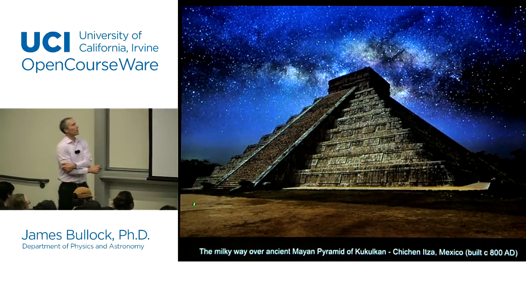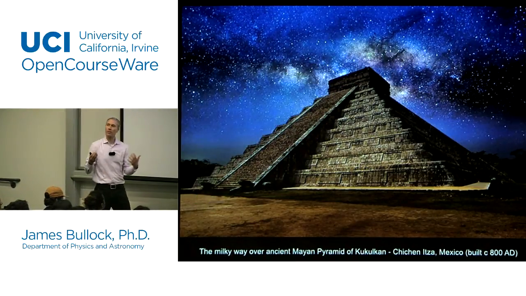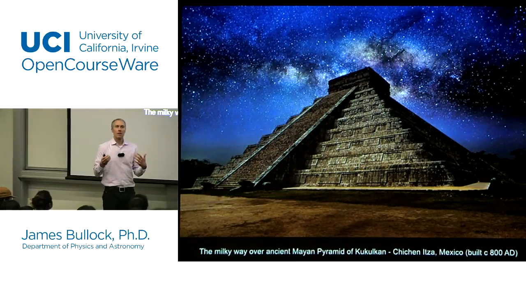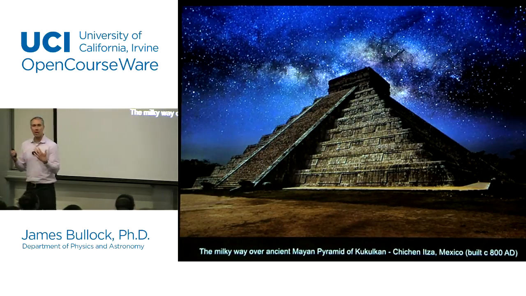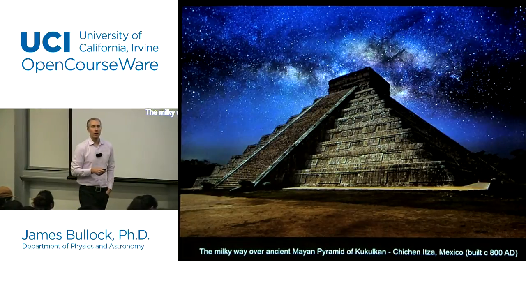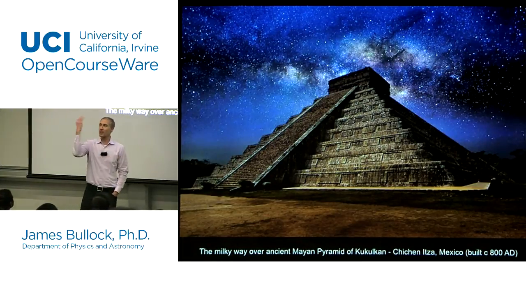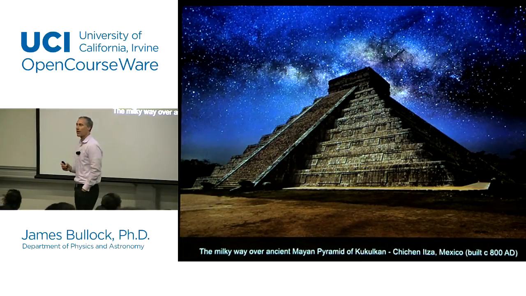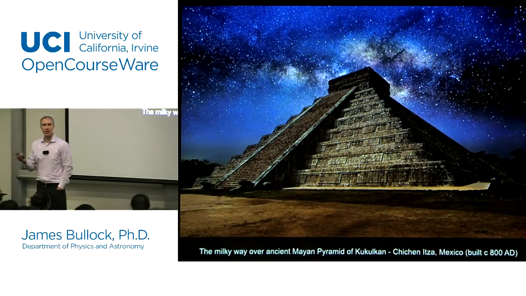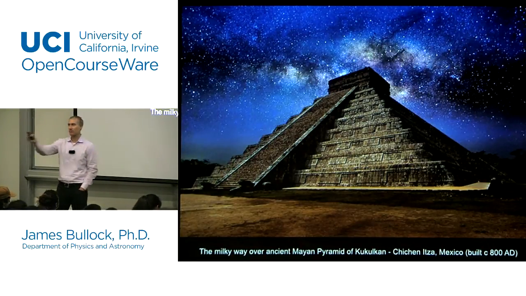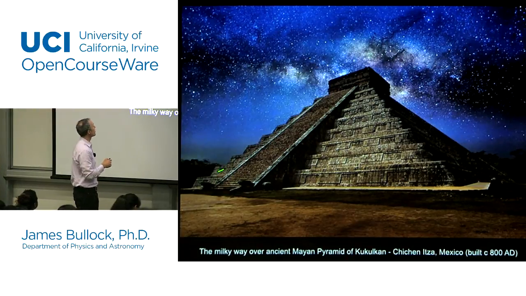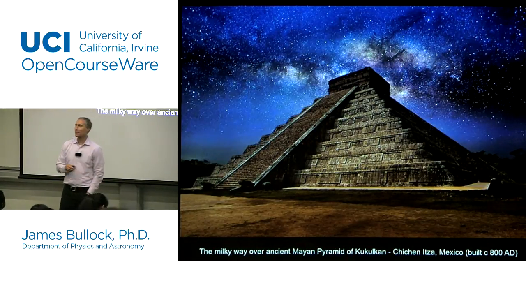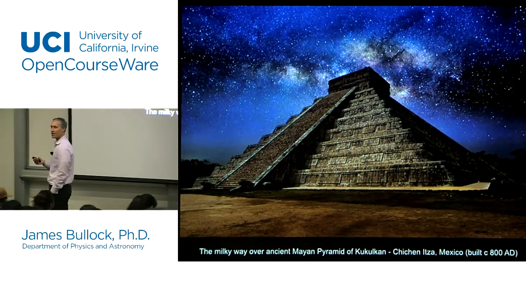And you can look at the geometry of this temple and from that understand that the people who built it understood the motions of the stars, at least as they appeared to move in the night sky. And they understood the seasons and they understood the motion of the sun. And so it's built in such a way that you can watch shadows creep down these steps in a way that almost looks like a snake at certain times of year.